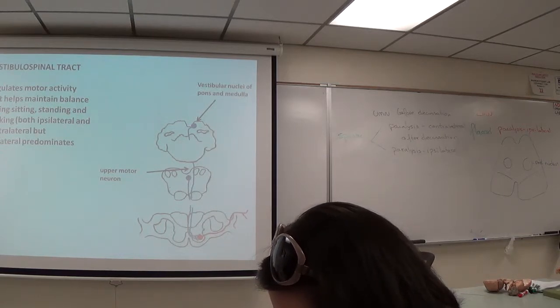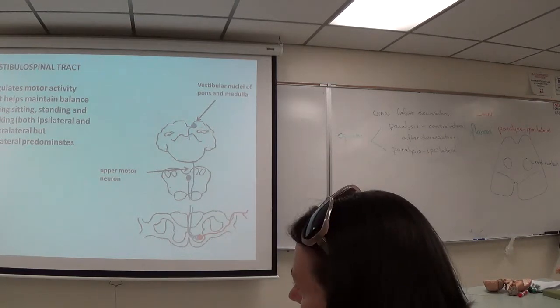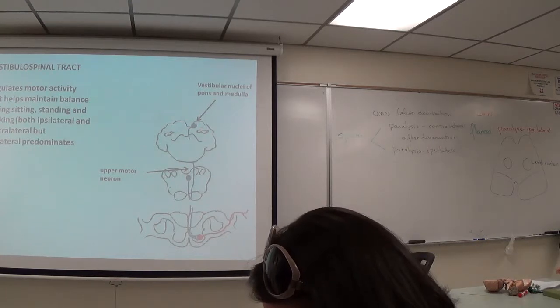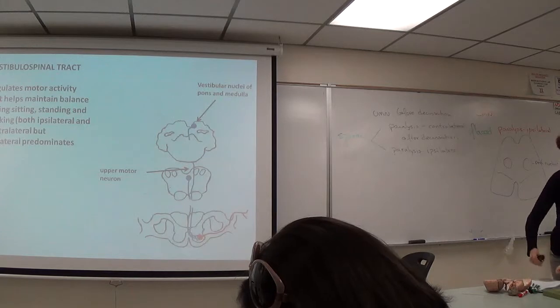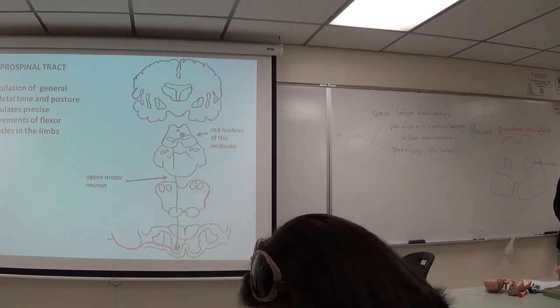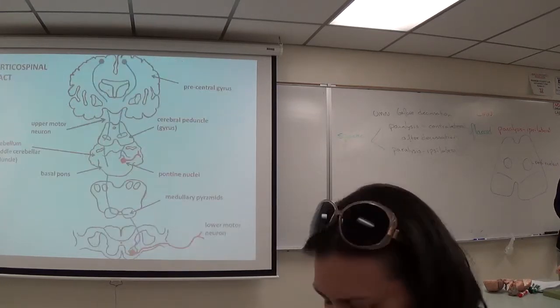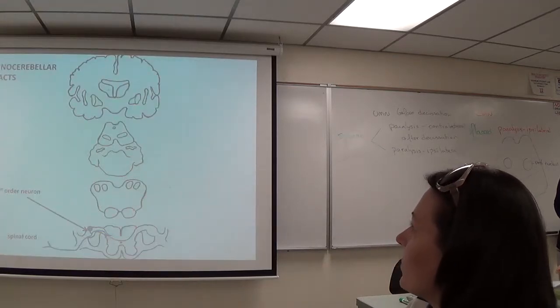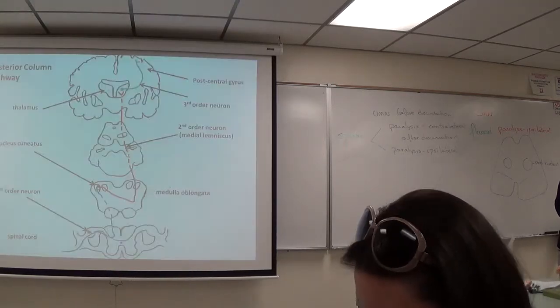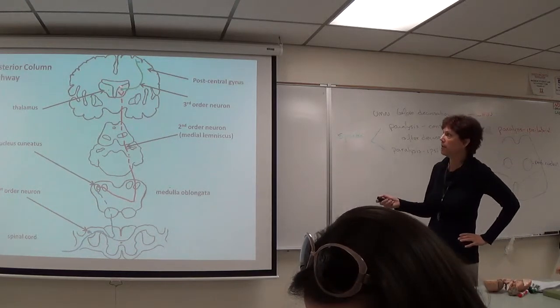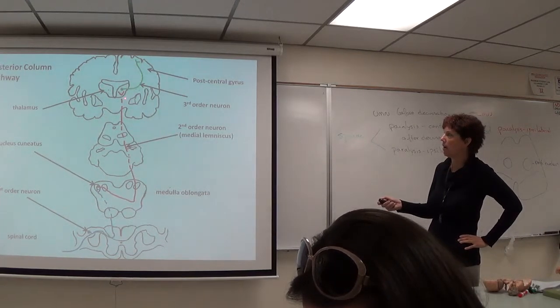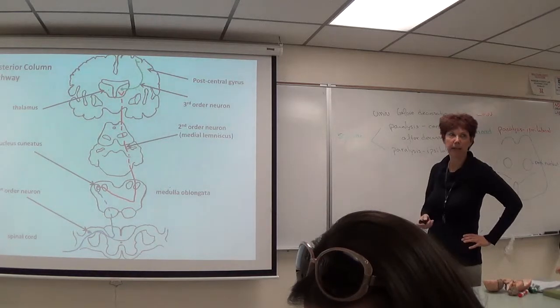Then, diagramming it, you would get points for putting the neurons in the right place. So let's go to the posterior column pathway here. Let's say that instead of having the third order neuron start in the thalamus, you had it start down in the midbrain.